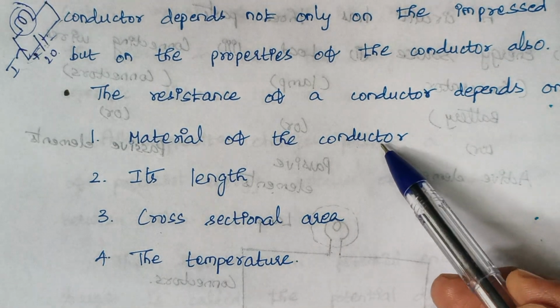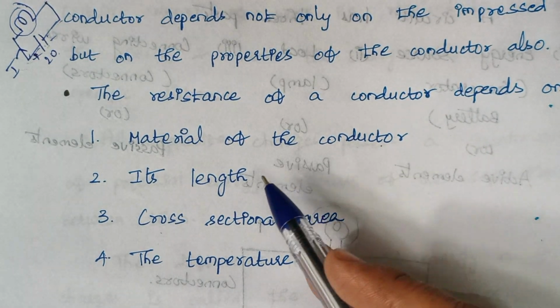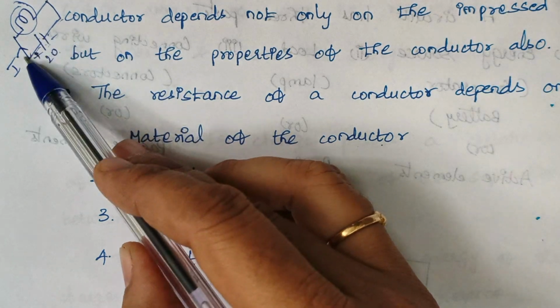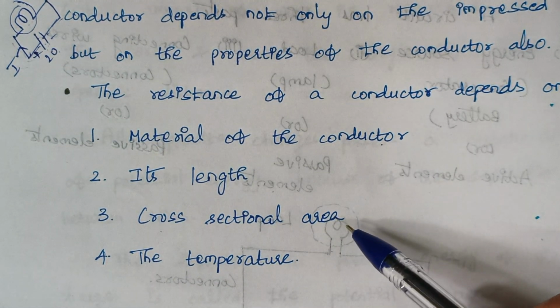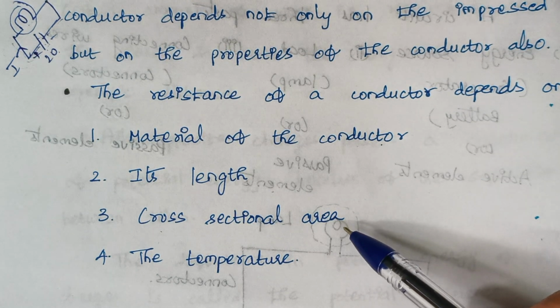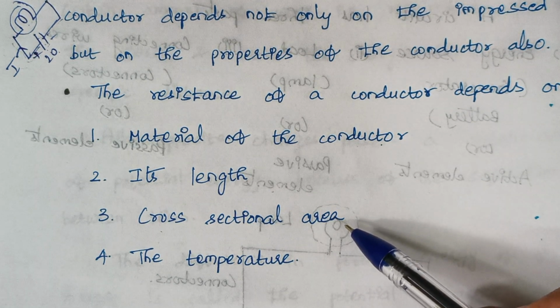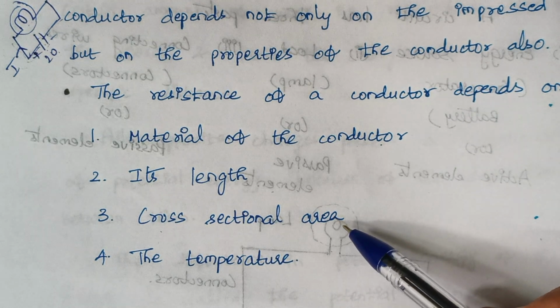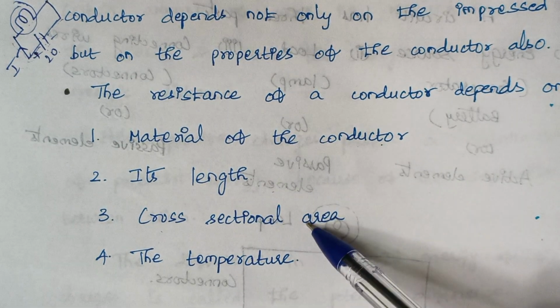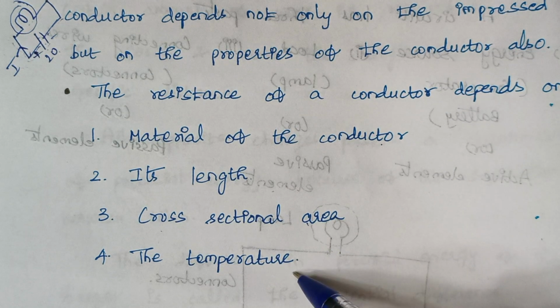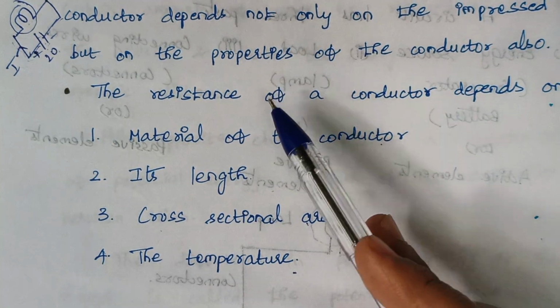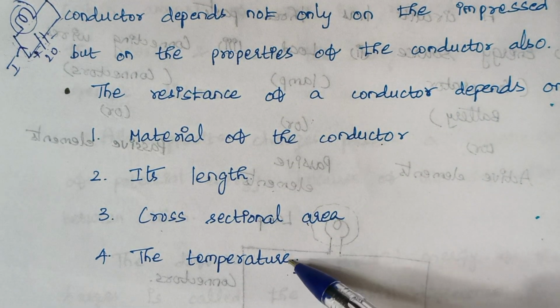The next thing is its length, that is the length of the conductor or length of the wire. And the next thing is cross sectional area. Sometimes you can see a bulk conductor and sometimes you can see a thin conductor. So the cross sectional area also plays a main role. Apart from these three parameters, the temperature also plays a main role. So resistance of a conductor depends upon all these parameters.